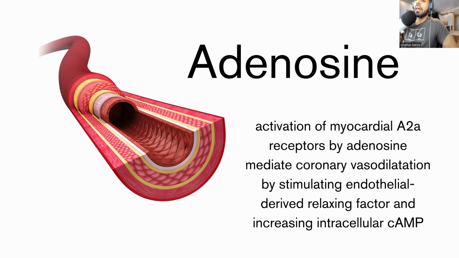But here at the vessels, it's doing a different job, right? It's going to increase your cyclic AMP. And if it does this, it does dilation. So this promotes coronary vessel dilation in order to receive a higher level of perfusion. So, okay, that's how adenosine does this.